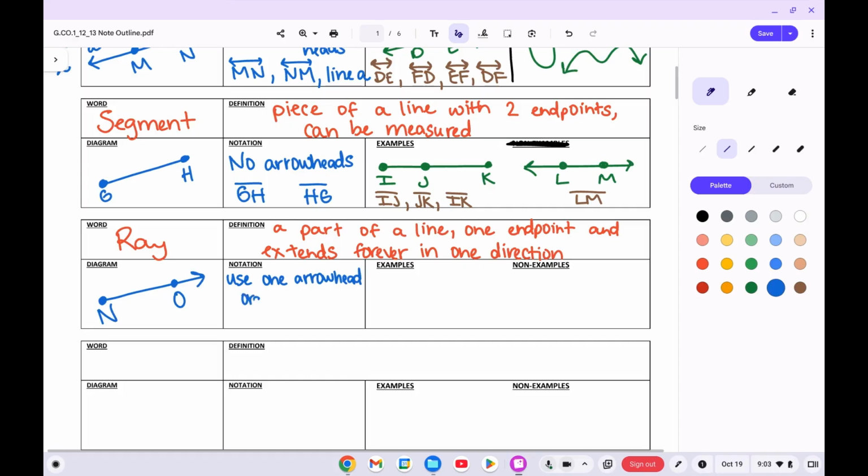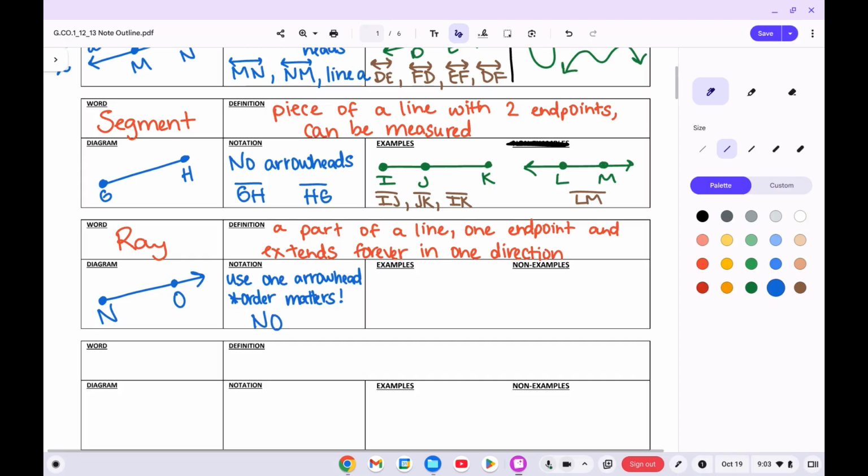And the order matters. Put a little star by that. Order matters here. When you're naming a ray, you have to start at the endpoint and then work your way along the arrow. So for this one, I would have to start at N and go to O.